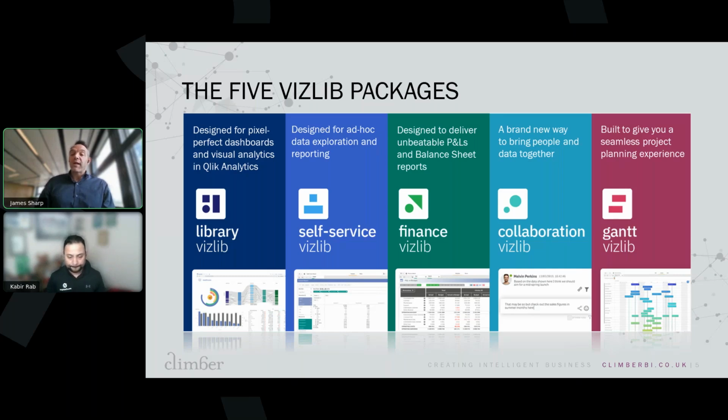But also within collaboration, you can leave comments on objects and share that with colleagues, so they go straight into the analysis where you left off with the relevant selections applied. And then finally, if you're looking to provide a project management style analysis across your data. So those are the 5 packages we're going to talk through today.